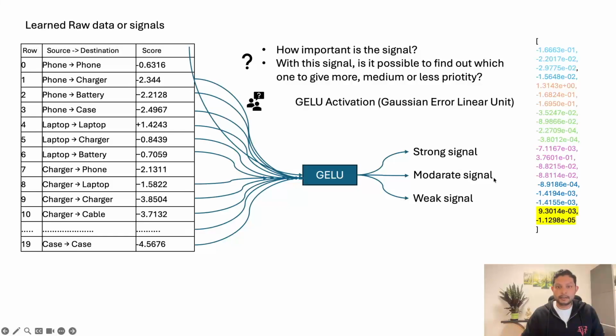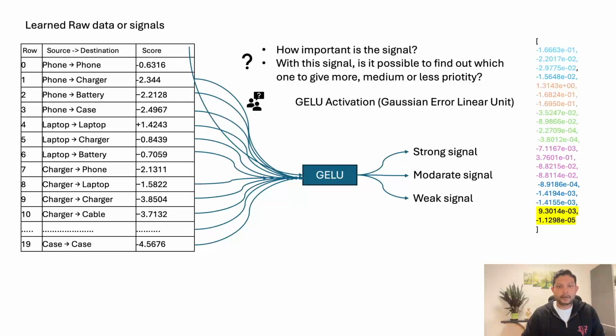Again, the signal means how important the data is. I talked only about GELU, but there are other activation functions like leaky ReLU. Both of them have different purposes, and I will discuss them later in this video series.